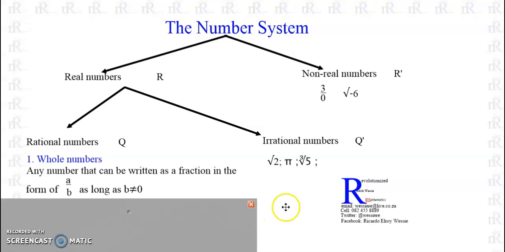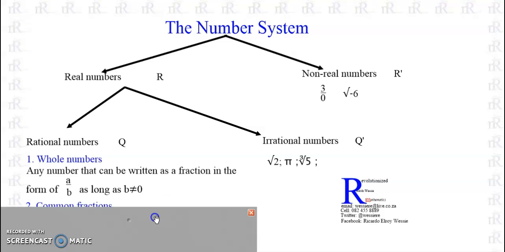Remember, when something is divided by 0, we get non-real. So a whole number, for example 4, can be written as 4 over 1, 4 wholes. Likewise, 57 can be written as 57 over 1, which is also 57 wholes.